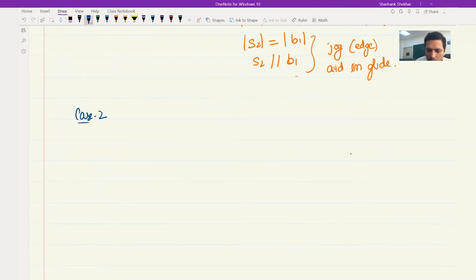Case 2, again this time we are looking at two edge dislocations, but as you would see, their Burgers vectors are parallel. So yes, it is possible to have two parallel edge dislocations and they are on two different planes.